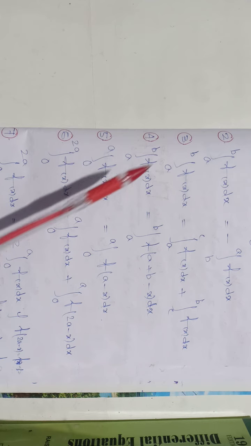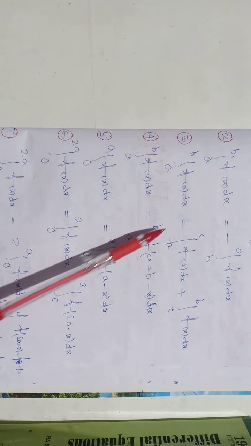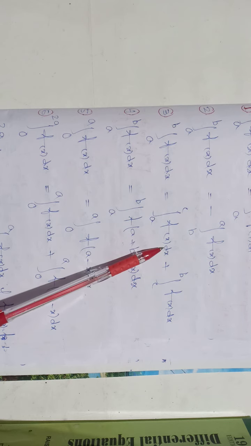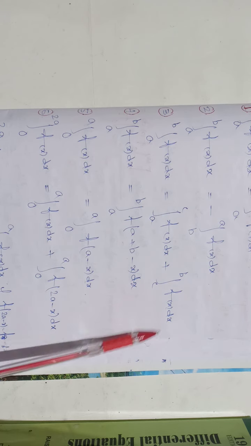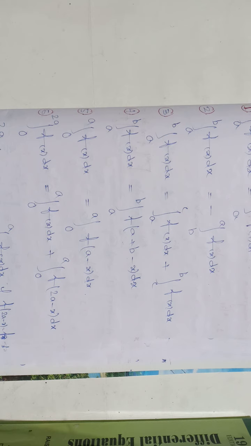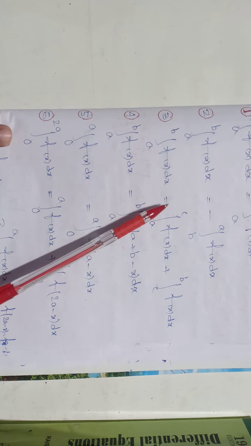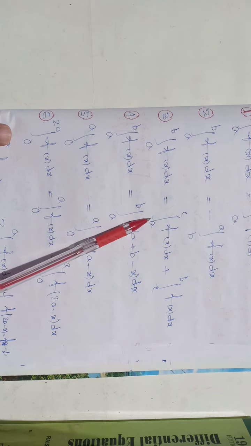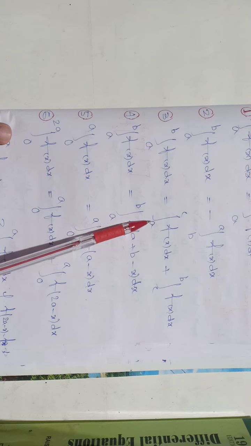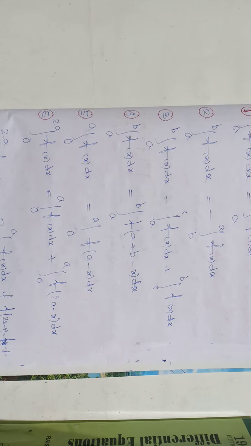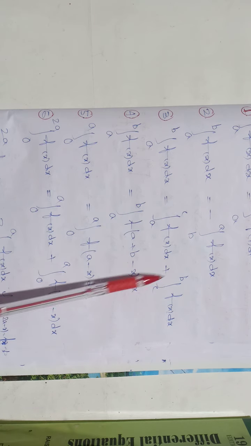Third one, a to b f(x) dx can be written as a to c f(x) dx plus c to b f(x) dx, where c lies between a and b. c is a point that lies between a and b, and you can split the integration into two integrations, like a to c f(x) dx, c to b f(x) dx.